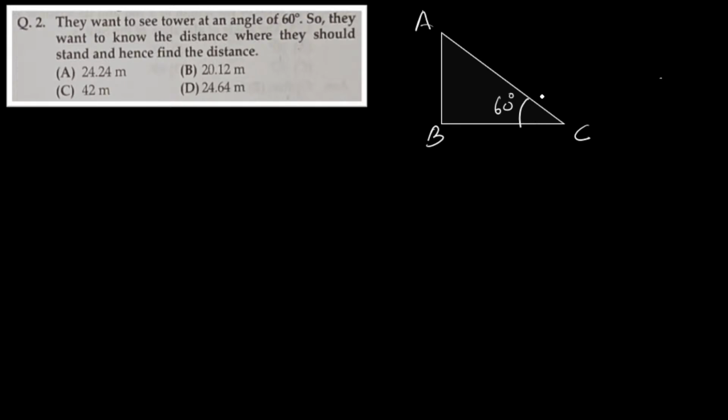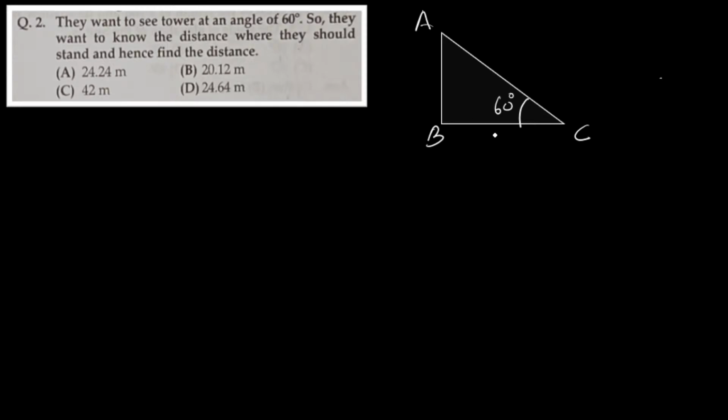Again, based on this story only. They want to see the tower at an angle of 60 degrees. So somewhere they stand at point C, and this point C is making an angle of 60 degrees. They want to know at what distance they should stand.